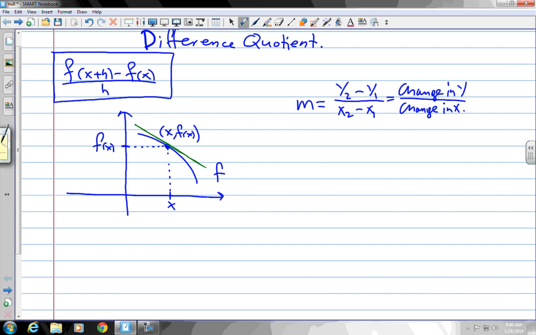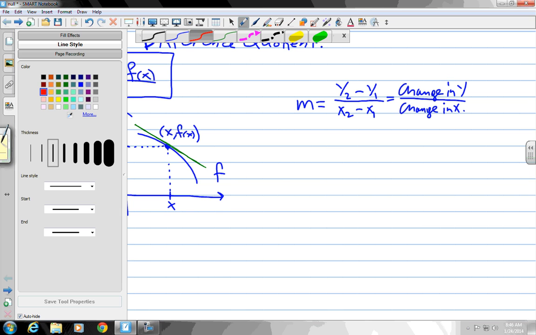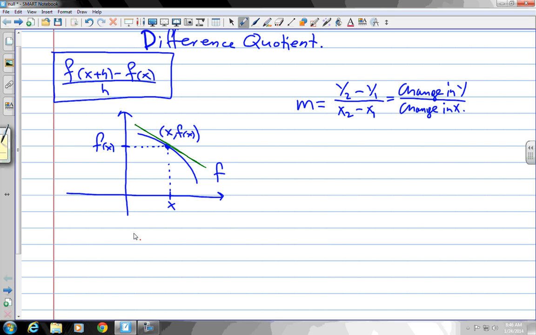So to fix this problem, well, let's make up a second point. And let's take our second point pretty close to the original x. Let's say this point is h units away from x. Whatever the h is, we're going to move forward h units. So what is this point on the x-axis?